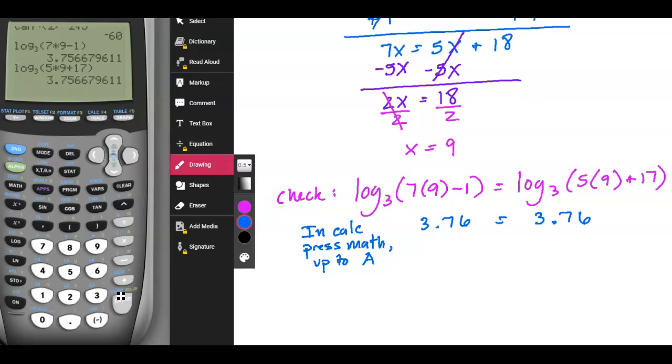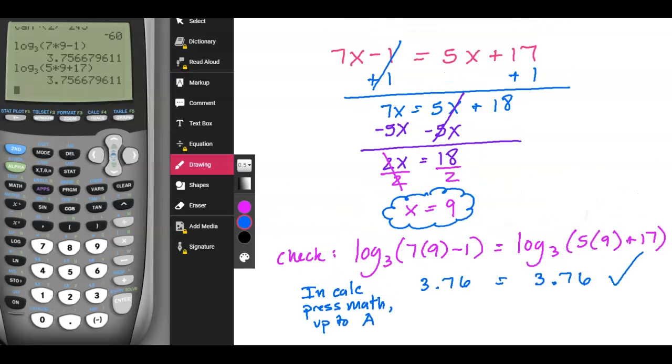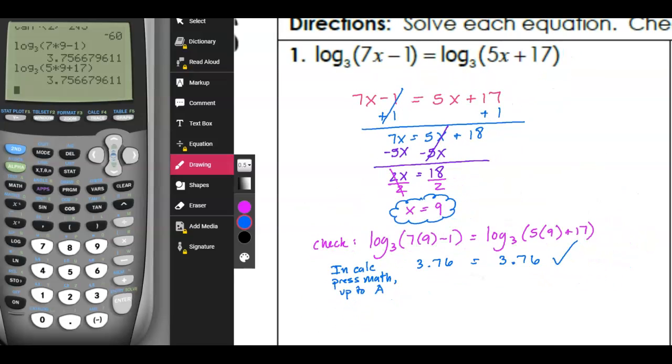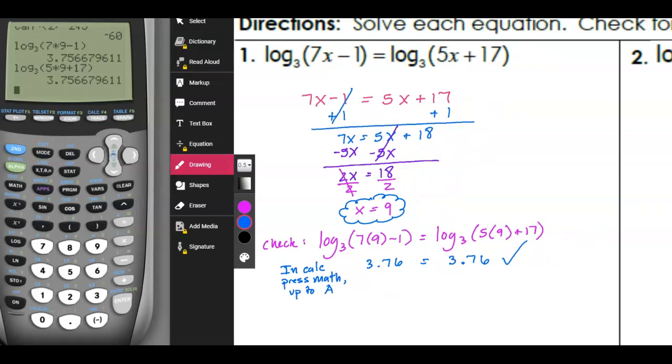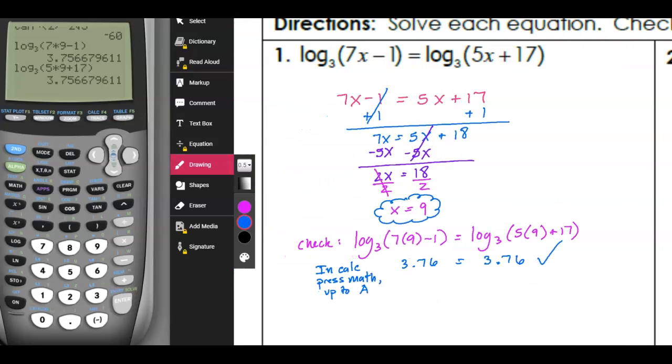So is this extraneous? No. Plugging in works. Our solution is x equals 9. Any questions on number 1?